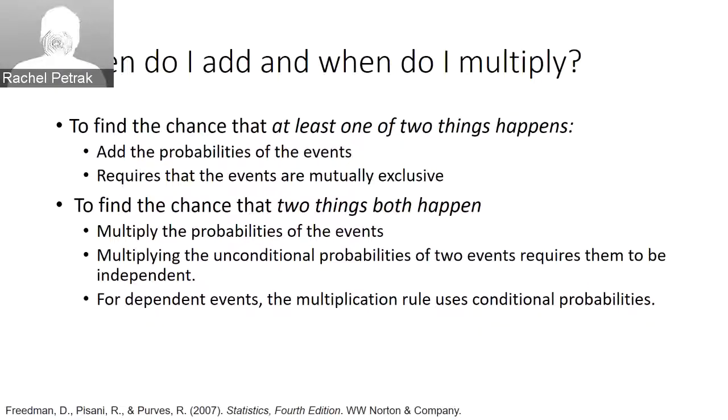But if you need to find the chance that two things both happen, then you can multiply the events. And it's further important to remember that you use the unconditional probabilities when the events are independent, but if the events are dependent, you use their conditional probabilities.